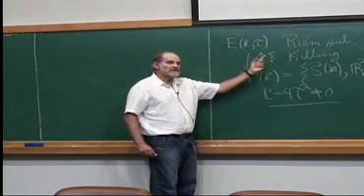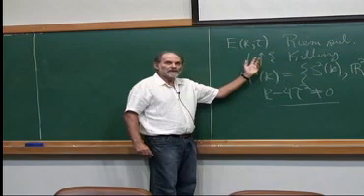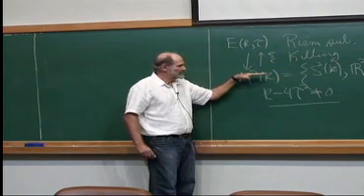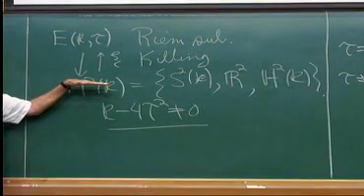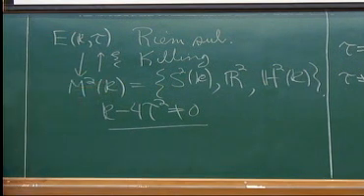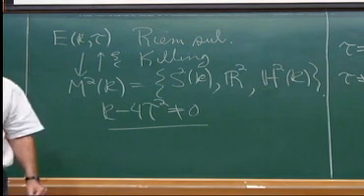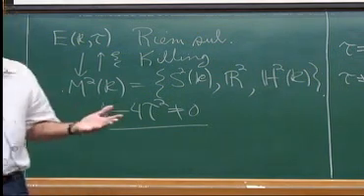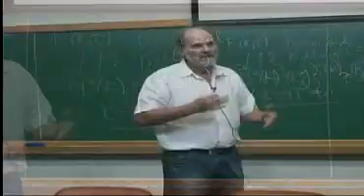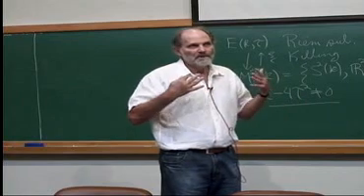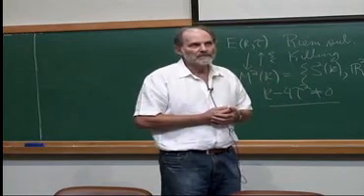One has rotations around each fiber, that's 2, and one has horizontal translations, which are killing fields as well. So one has a 4-dimensional isometry group in these spaces. They're homogeneous. We have an isometry taking one point to the other. So these are homogeneous spaces that are the most symmetric possible after the space forms.